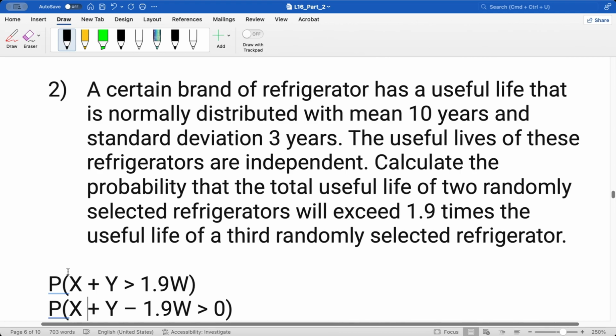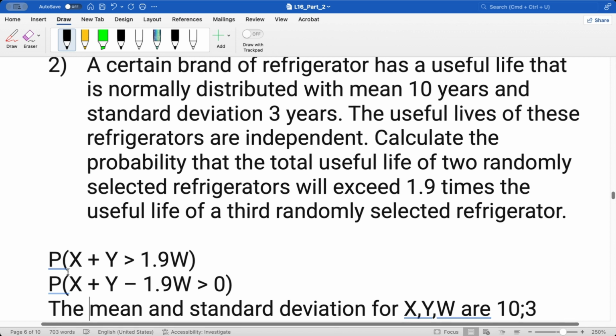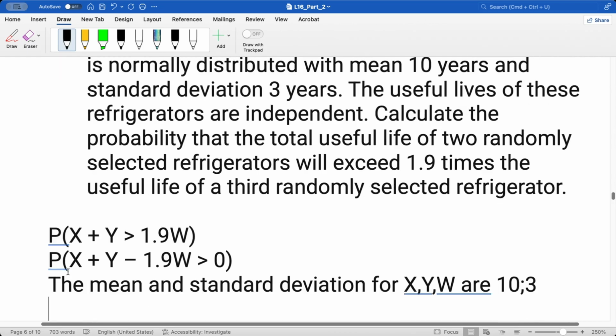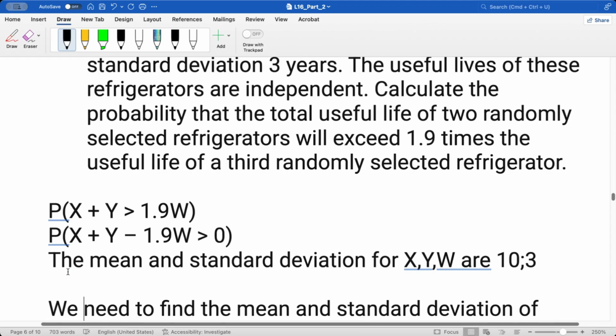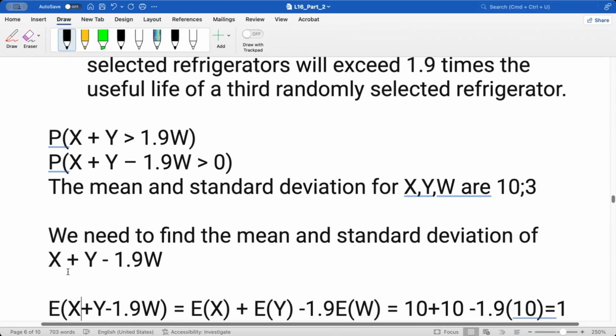So we bring the variables to one side, and what we have to do here is compute the mean and standard deviation for this new expression here. For each of these separately, mean is 10 and standard deviation is 3.